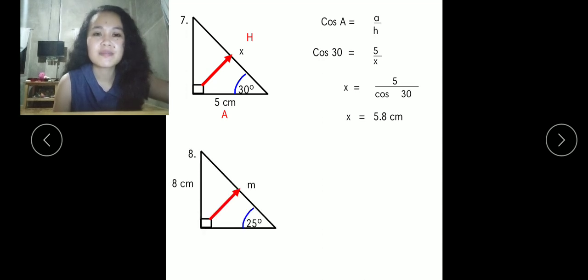Another example. We have 8 centimeter, which is the opposite, and the hypotenuse is m, the unknown value. And our theta is 25 degrees. So sine A is equal to opposite over hypotenuse.